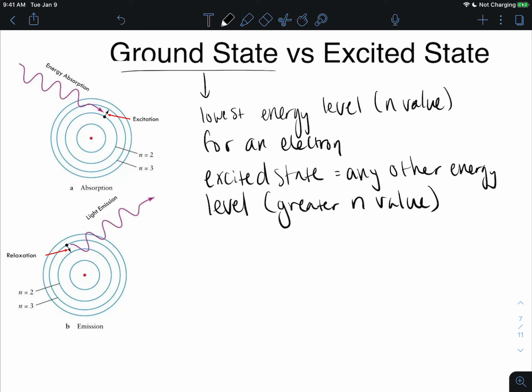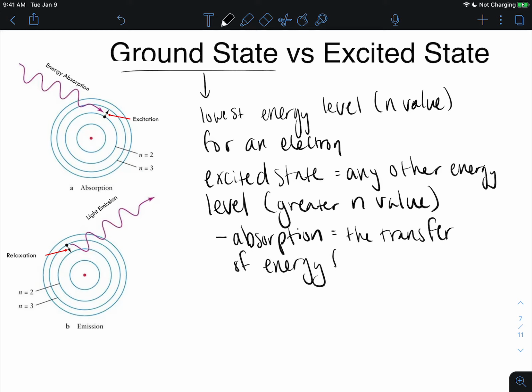Okay, and we have terms for this. So we have the term absorption, which is describing the electron absorbing energy from a photon, causing the electron to go from a ground state to an excited state. So the transfer of energy from a photon to an electron. It could also be heat.